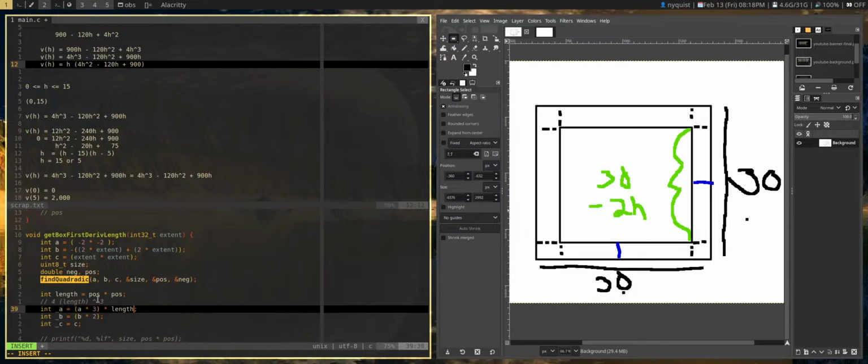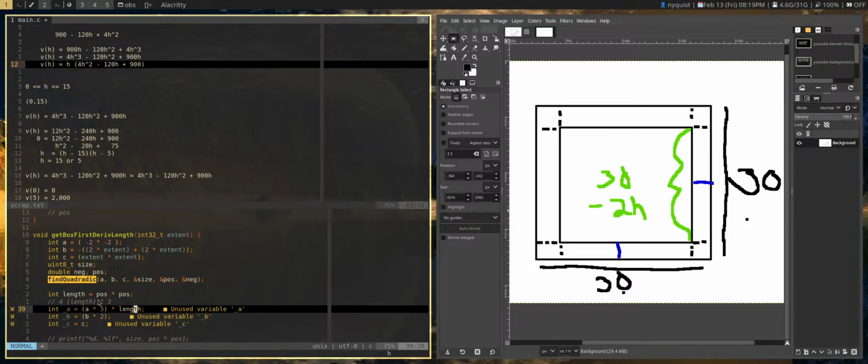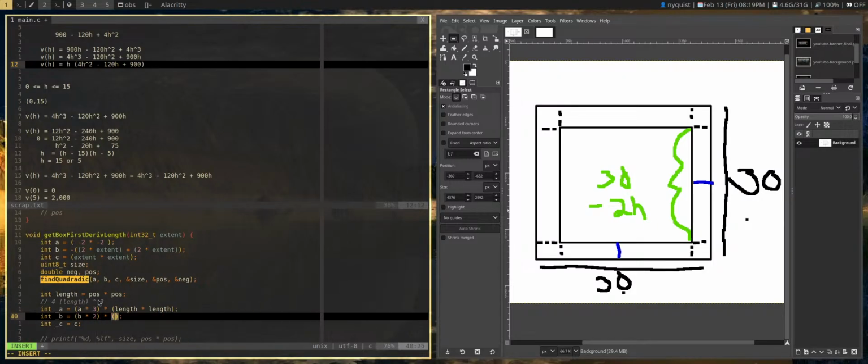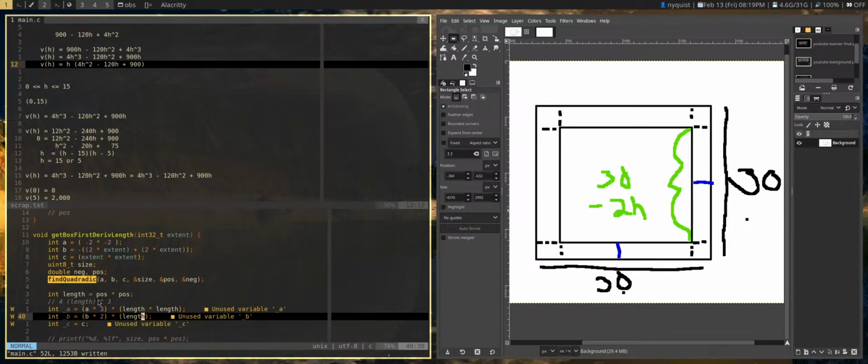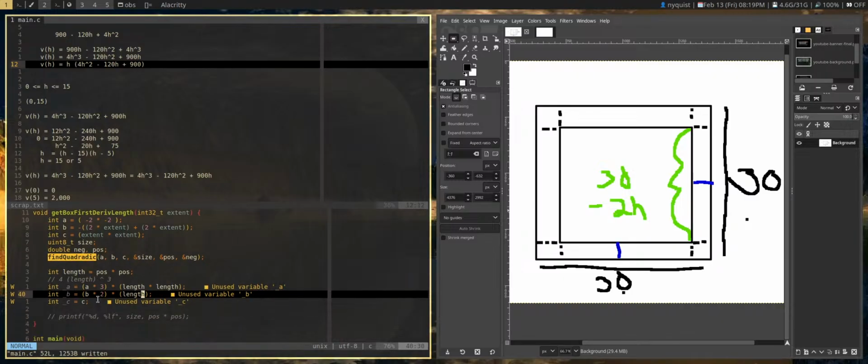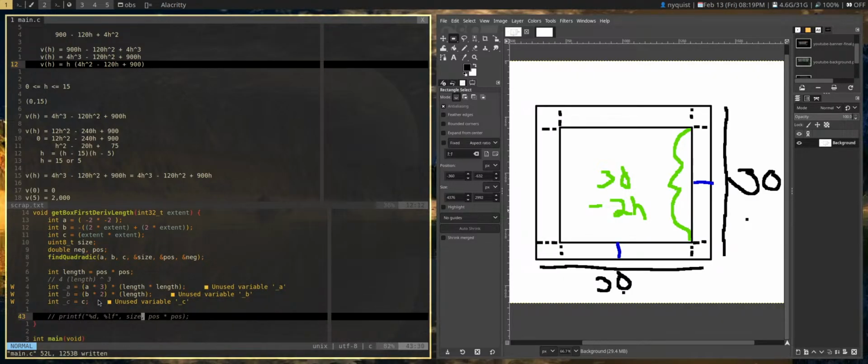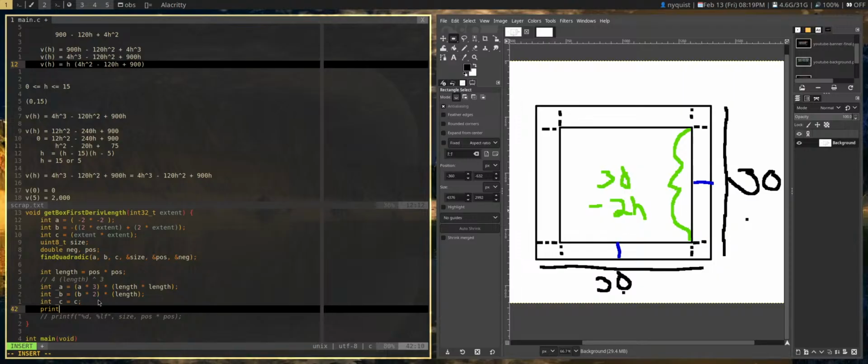length to the power of 2, so we'd have to do like times length times length, and that is not times length. Let's see what's gonna happen here.